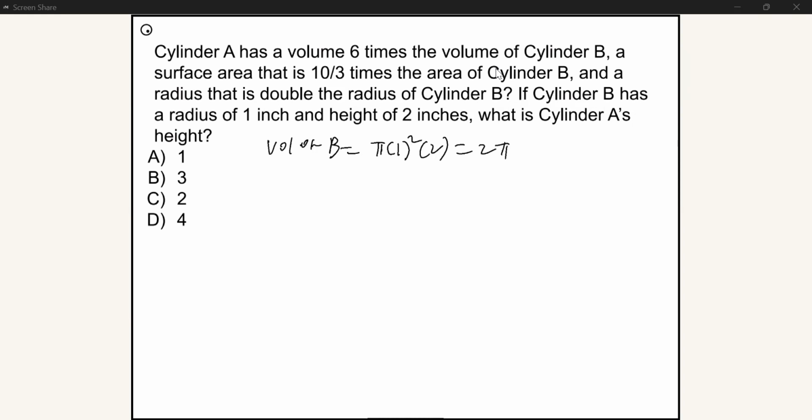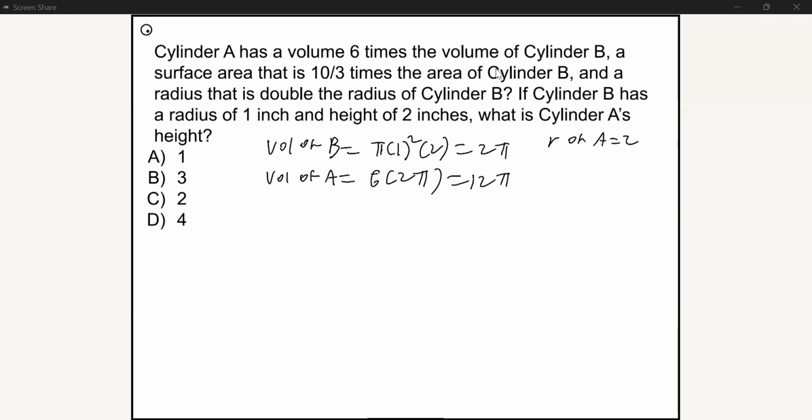So that means volume of A equals pi. So the radius, right, is double the radius. So r of A equals 2. And then volume of A is going to be 6 times 2 pi. So that equals 12 pi.